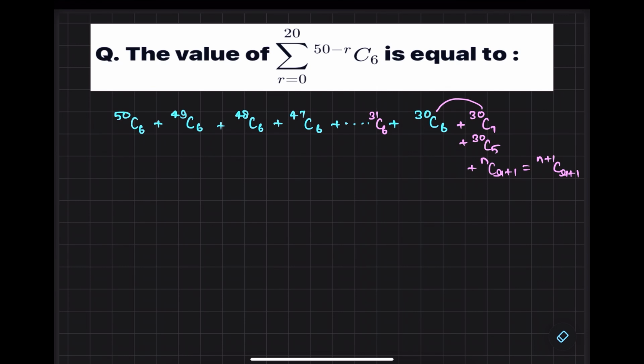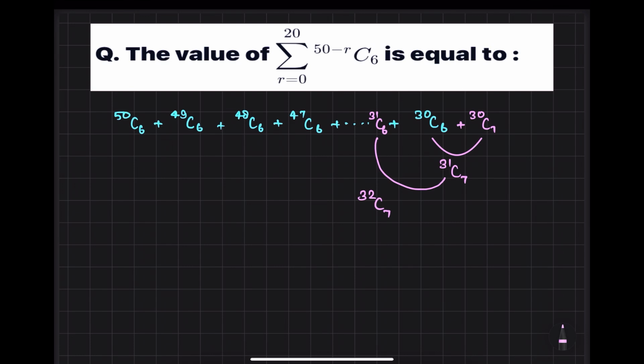It means we should approach from the lower side. Now look at this. If we manipulate these two, we will have 31C7. Now look at these two things: the upper subscript is the same and the lower subscript is the bigger one. So can I write this as 32C7?